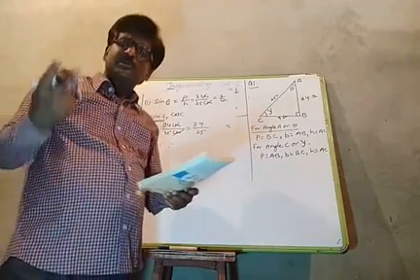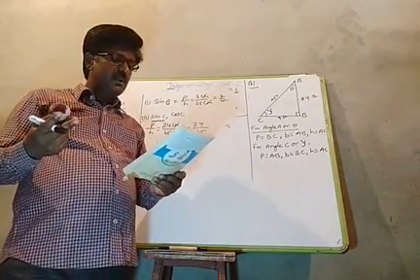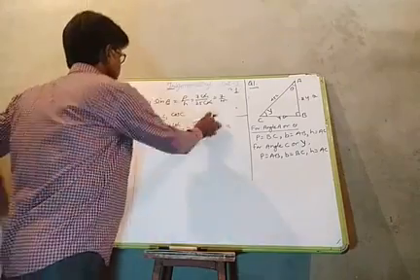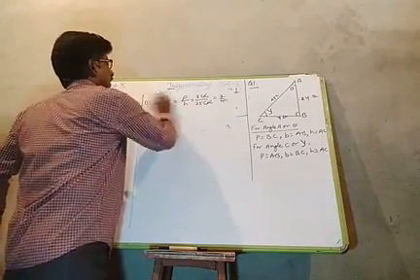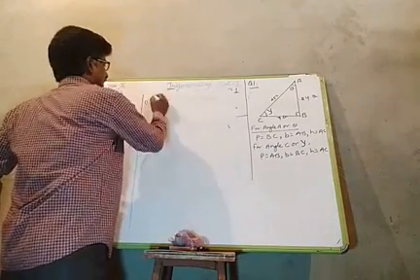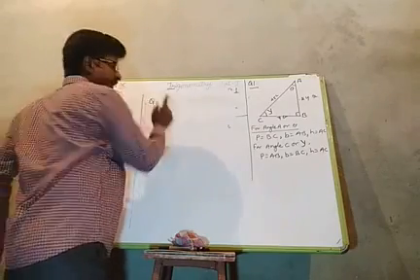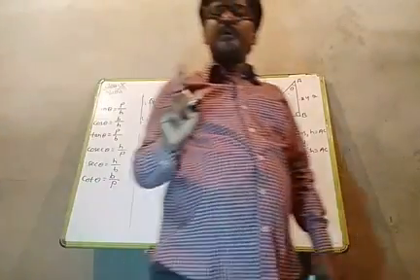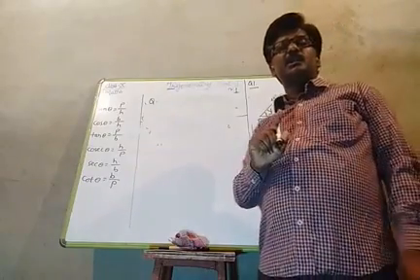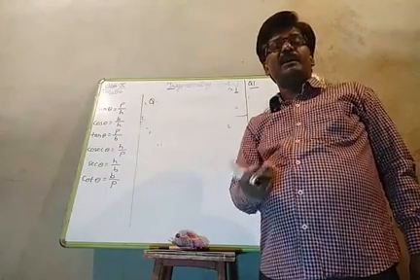Now, the same question is question number 2. Next is question number 3. Question number 3 is: when one trigonometric ratio is given, how can we find the other ratios?